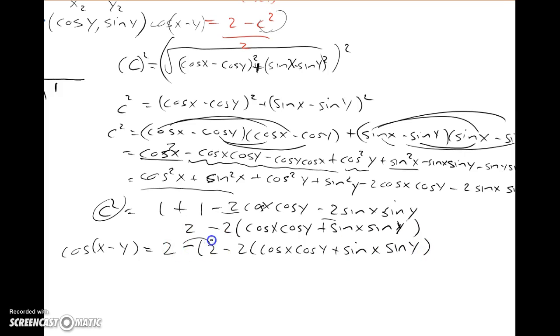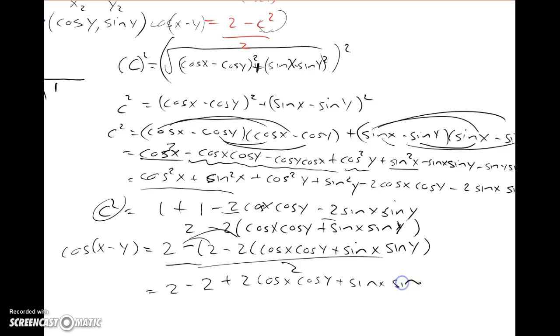I'm going to multiply this negative in first. Oh, over 2. Don't forget that. Multiply that in first. So it's going to be 2 minus 2, that's going to be a plus 2 cos x cos y plus sine x sine y. And that's all over 2. I've multiplied that in.